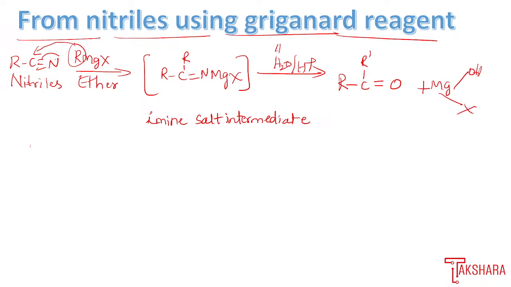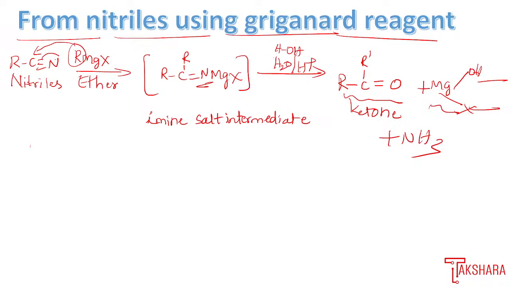When it undergoes hydrolysis in water, there is H plus and OH minus, and H is going to combine with the nitrogen. So we will get NH3, along with magnesium OH and X. The product obtained is RC double bond O R', which we call a ketone. So this is the product we get when we add Grignard reagent to nitriles.